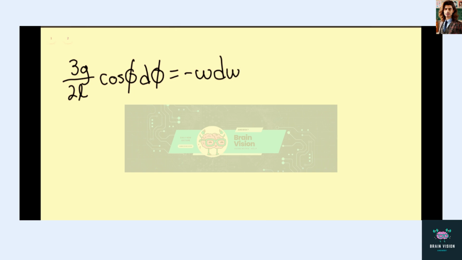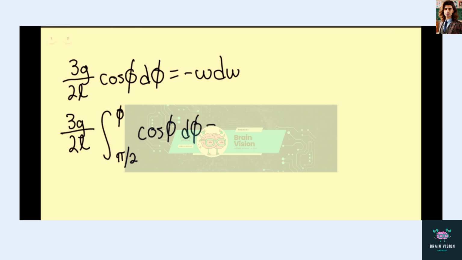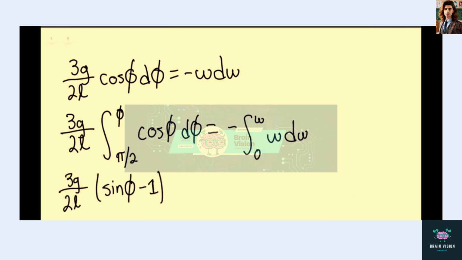Now we integrate. So we can say 3g over 2L integrating from pi over 2 to phi times cosine of phi d phi would be equal to negative the integral from 0 to omega of omega d omega, and this would give us 3g over 2L times sine of phi minus 1.